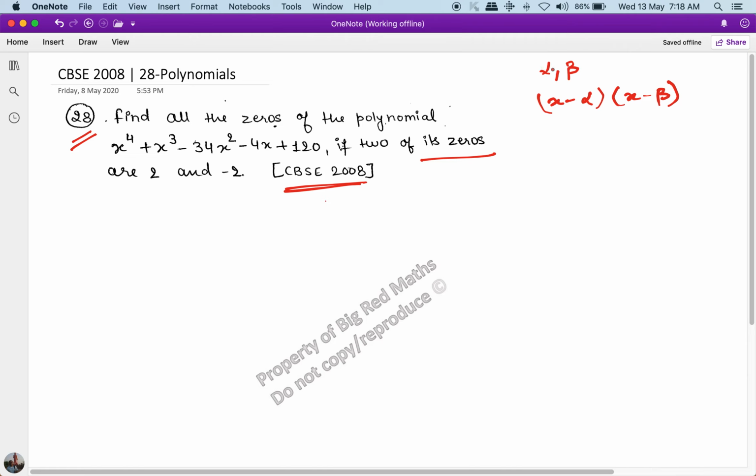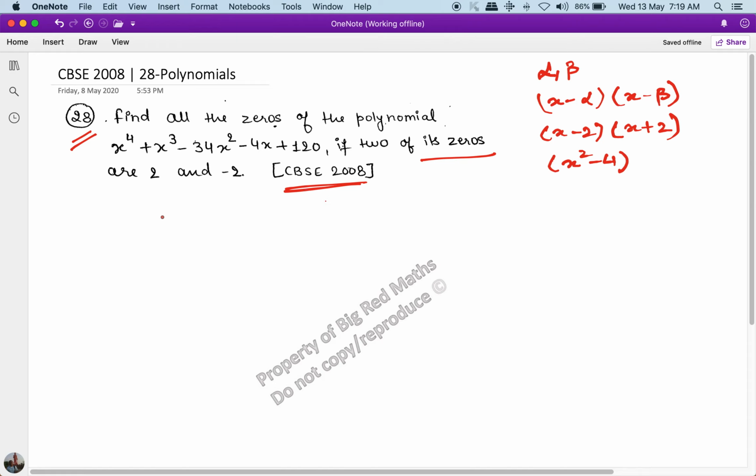So since 2 and minus 2 are two of its zeros, x minus 2 and x minus minus 2, that is x plus 2, are factors of this polynomial, which means that if I multiply these two terms, it becomes x square minus 4. X square minus 4 divides this polynomial perfectly.